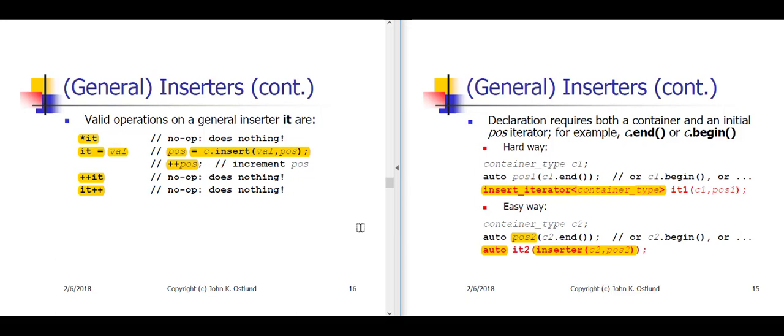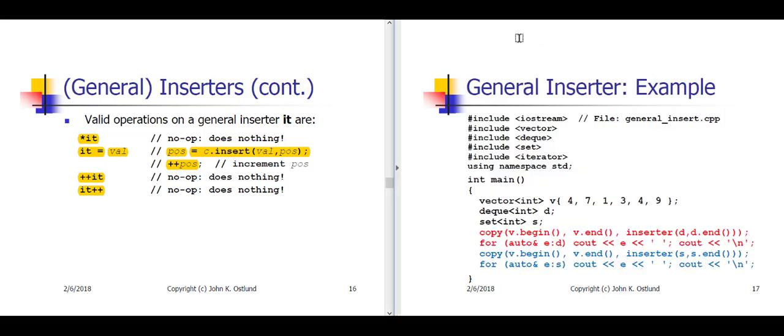Okay? So if IT is a general inserter, when I say IT gets val, that first causes the container's insert member function to be called with the value and the position that you specify. That returns the new position, or the actual position where the value was inserted, and that position iterator is incremented automatically. Let's walk through some examples of this.